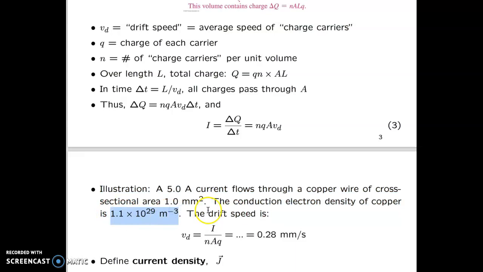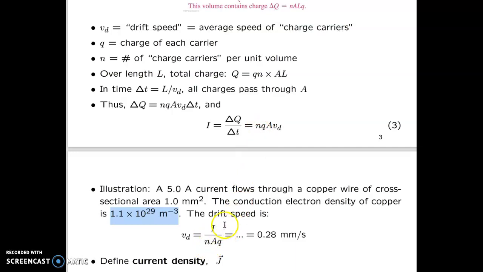There will be 1.1 times 10 to the 29 conduction electrons per cubic meter. That's a lot of conduction electrons. There are many more electrons than that, by the way, but those electrons are bound to the atoms. So it's only the conduction electrons, the electrons which are not stuck to the individual copper atoms, that matter here. This number here is simply this quantity n, the number per unit volume.